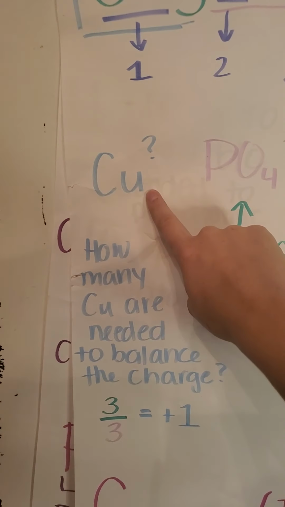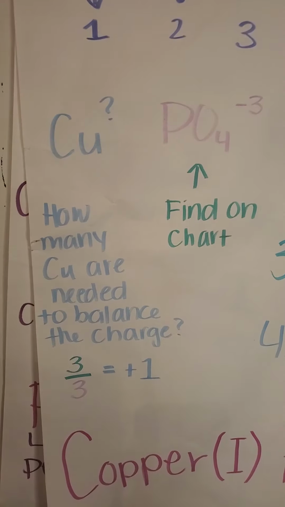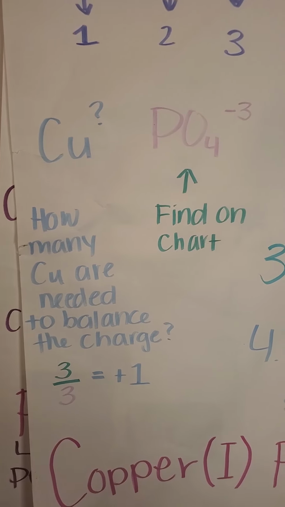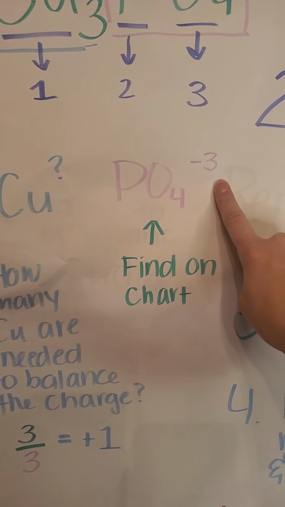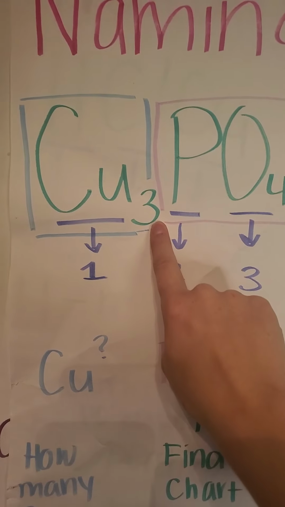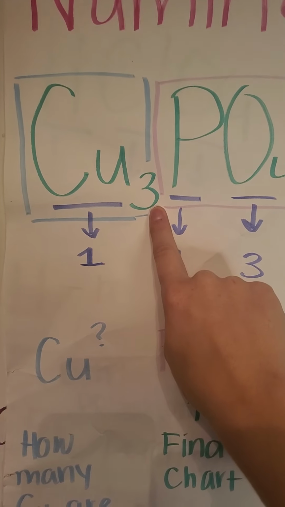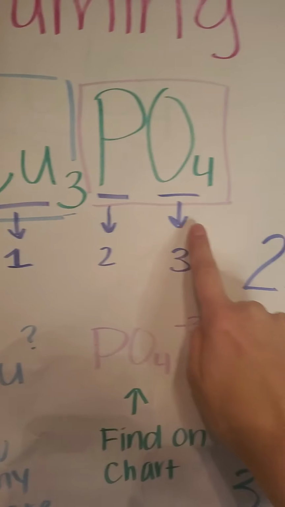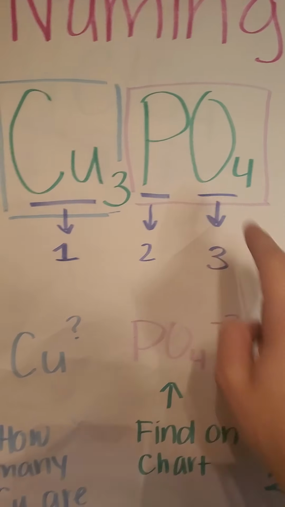So, we know, looking at our chart, that copper can be +1 or +2. Okay, but we have a -3 over here on the phosphate. And if I'm looking up here, I can see a 3 here as well. So that's telling me that I need 3 of these coppers to balance out 1 phosphate.